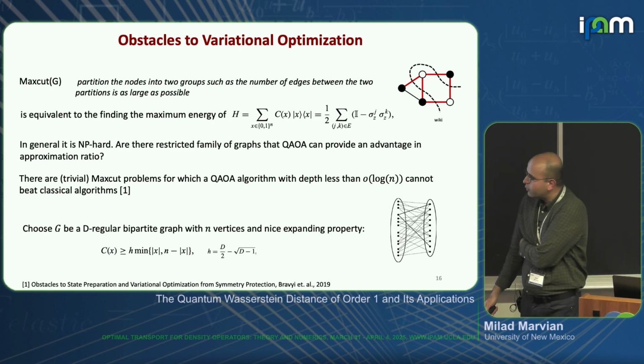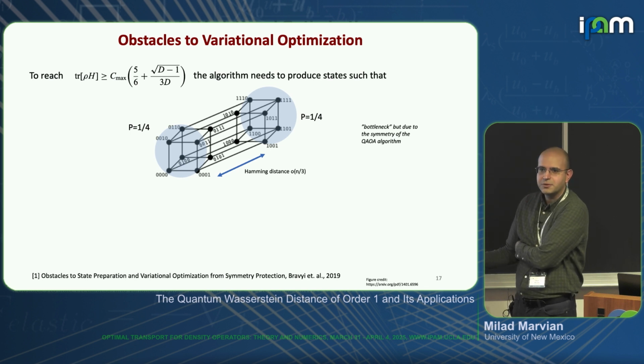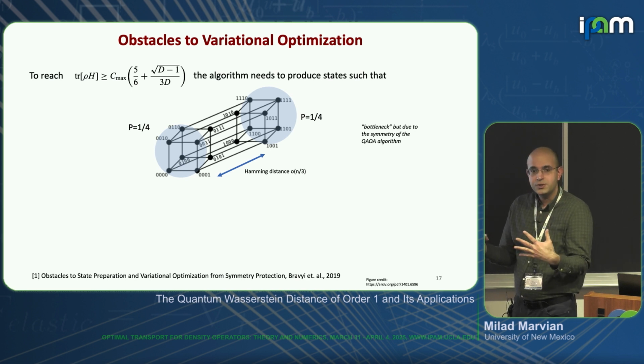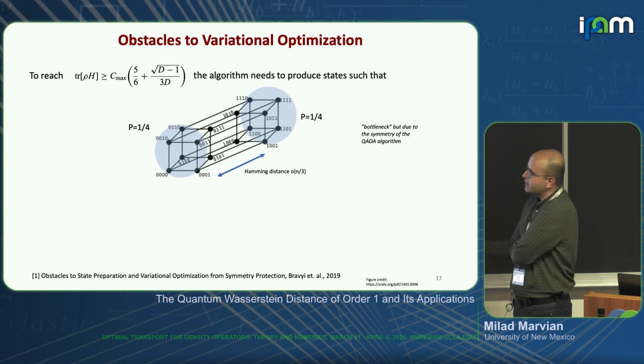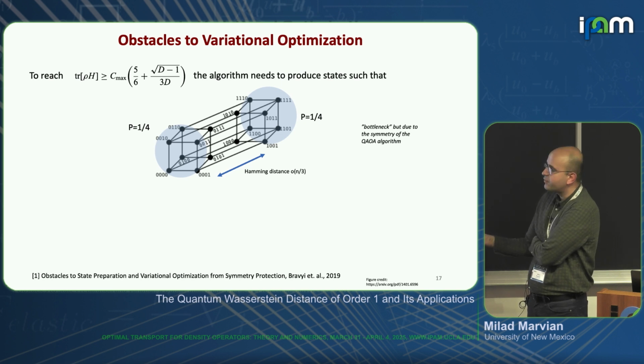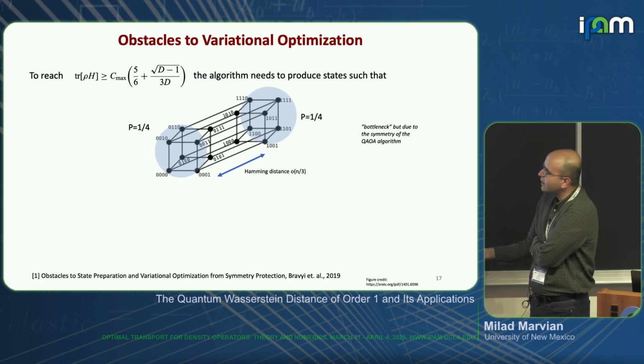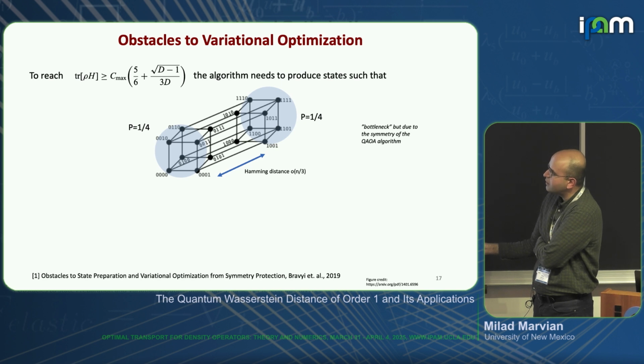Okay? For this specific graph, they show that if you want to find high energies of the Hamiltonian, and this is a very weird function, I'm going to get back to that, the details of that are not important, but for high energies of this Hamiltonian, whatever algorithm you are using has to do this specific task, which is generating samples from two sets of bit strings, which are far away from each other in the Hamming distance, but the probability of each one of them is not negligible.